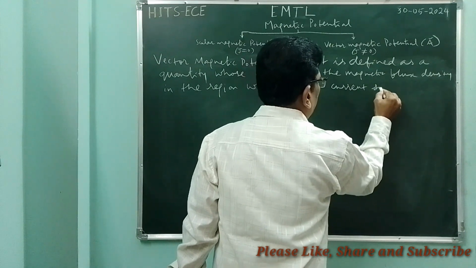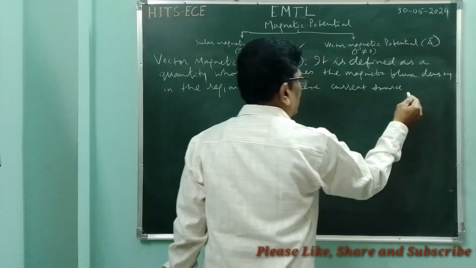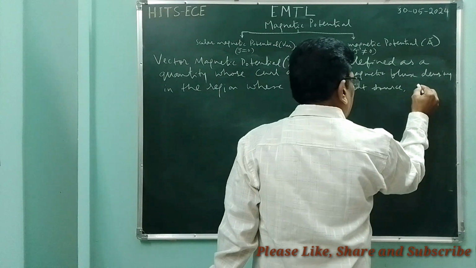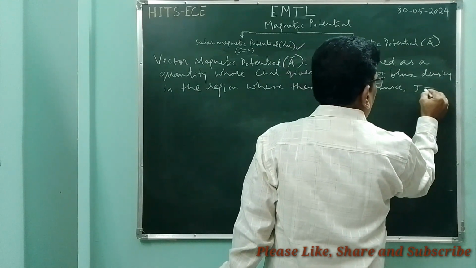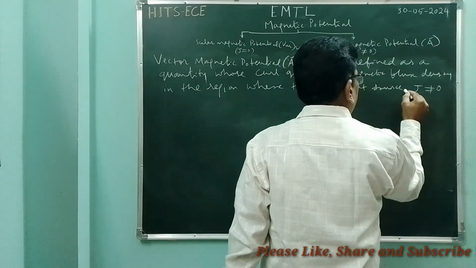So where there is a current source, J will not be equal to 0.